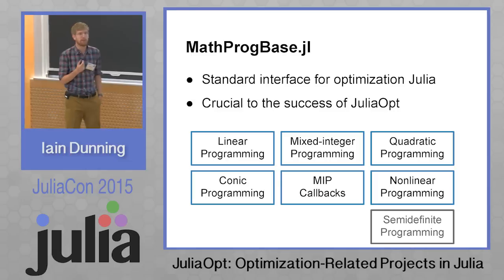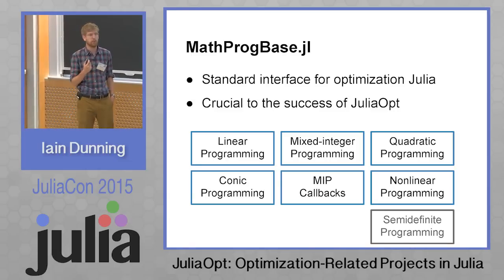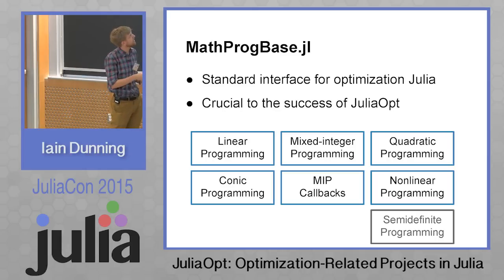The minimum set is quite small, but there are a lot of things that are optional, like you can solve the problem, maybe modify the data and resolve efficiently. You don't have to implement that part of the interface, but if you do want to implement it, JuMP can use that to more efficiently do resolves, for example. I put semi-definite programming in gray because it was in the interface, but we've backpedaled on that and included it in the conic programming interface now.